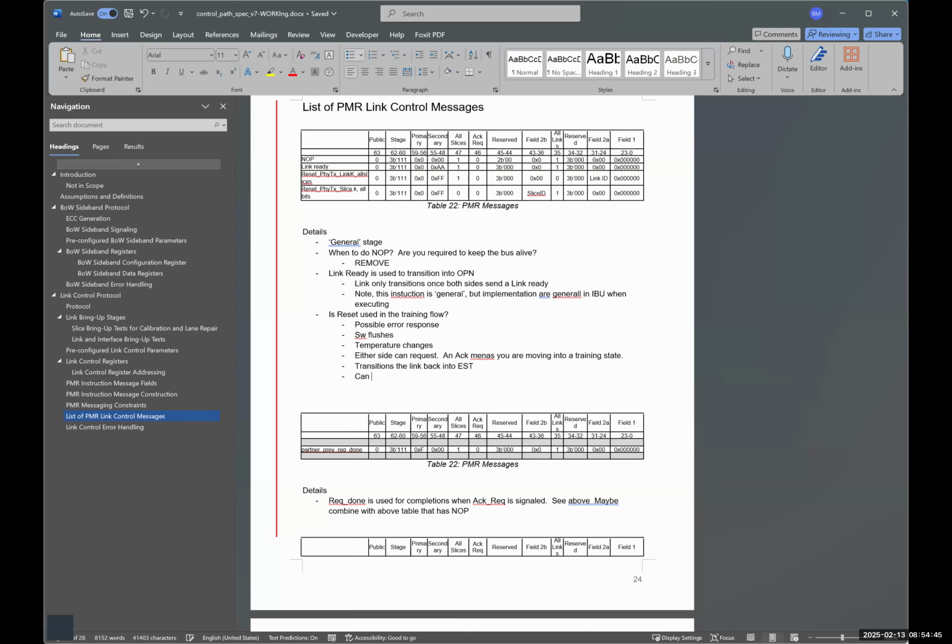Okay. But you can potentially get a request in between, say, software was doing something else at some other portion of the chip, and that required a reset. It is highly unlikely that would happen, but you never know what can happen in the field, right?